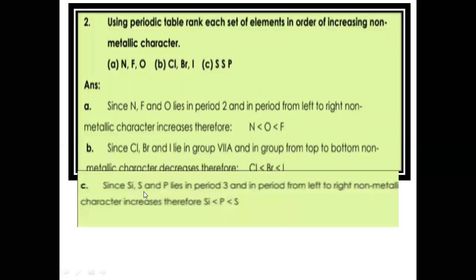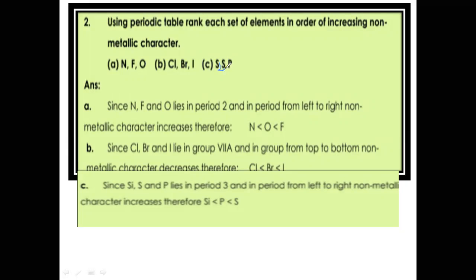The third case is silicon, sulfur, and phosphorus. Silicon is Si.